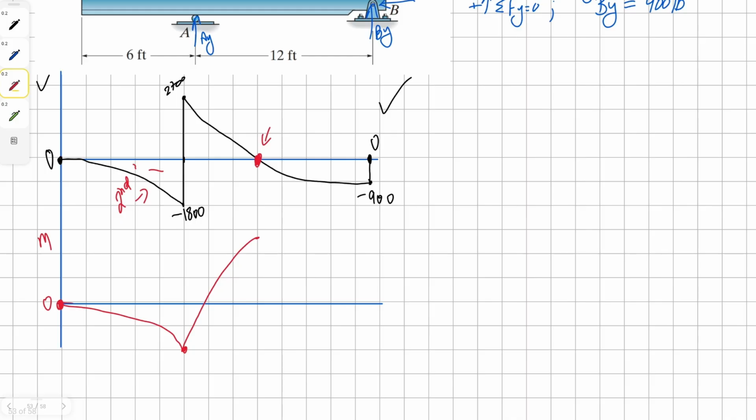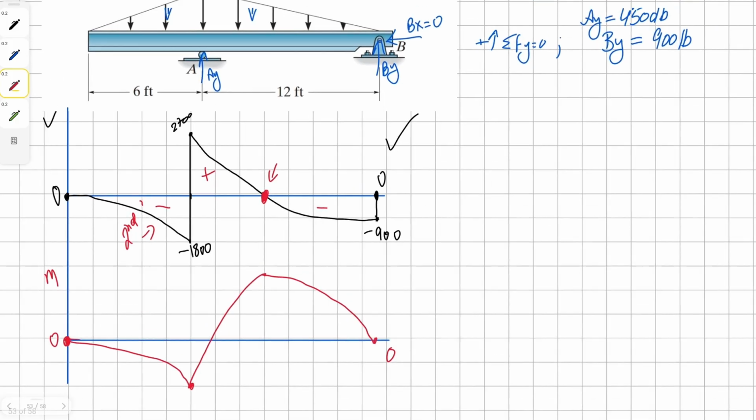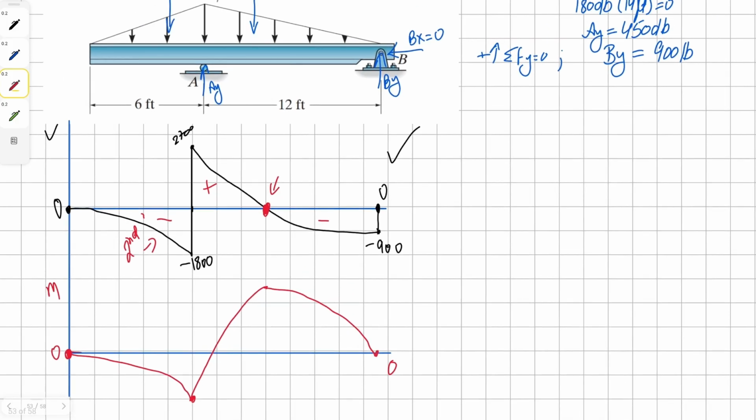And then from there we have this negative area that's going to take us all the way to 0, concaving downwards. So what this tells us is we'll need our moment and both shear functions in order to solve this graph.